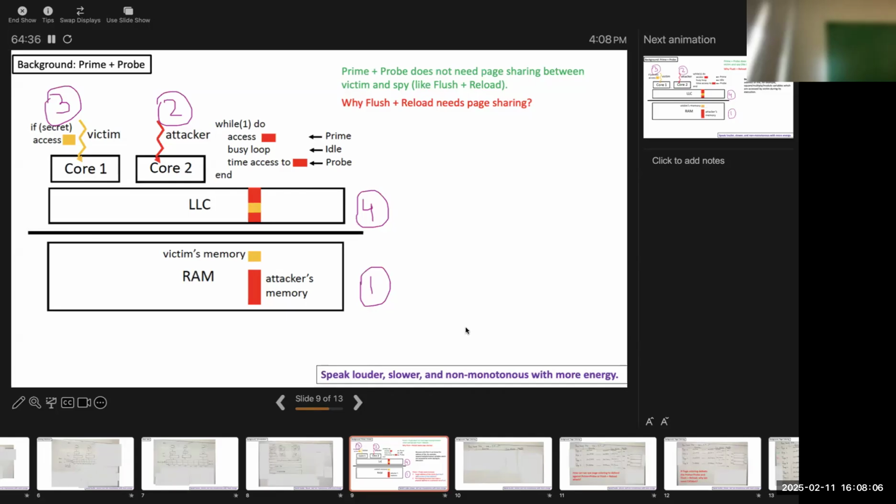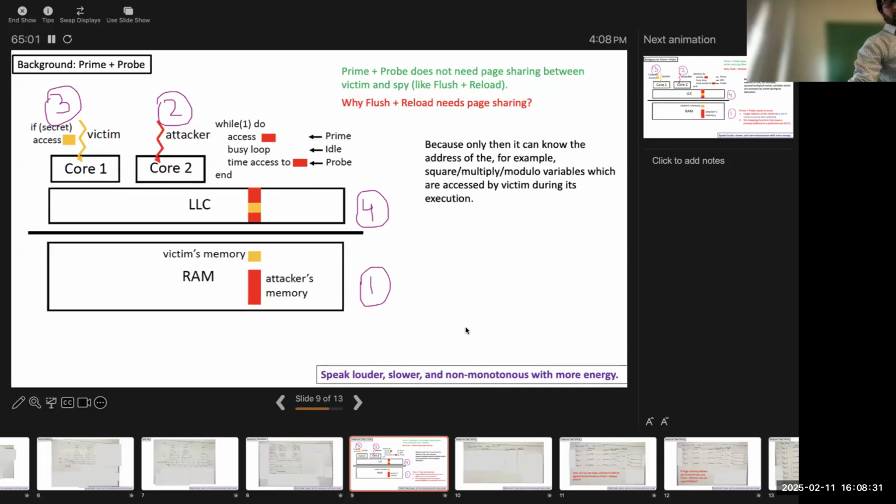If the pages are not shared, keep in mind the previous lecture, as an attacker I don't know the address of those variables, like the multiply variable in the example, or the modulo variable. If I don't know their address, then I cannot access them, right? I need to access those variables, and in order to access them, I need to share them with the victim. If I don't share with the victim, then the victim will have its own variables, to which I don't have access.